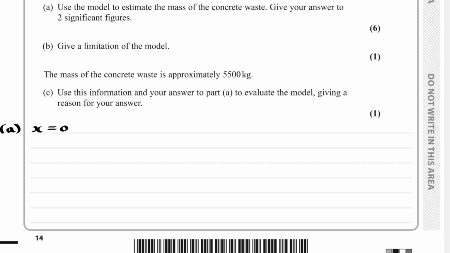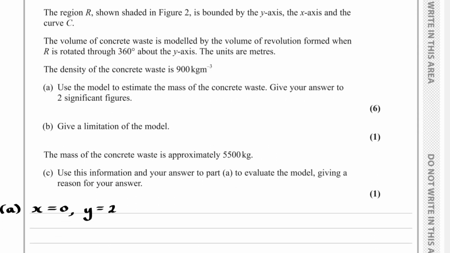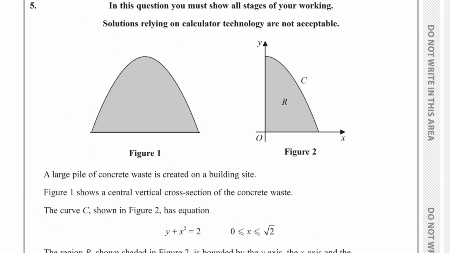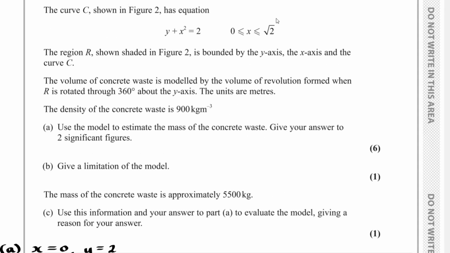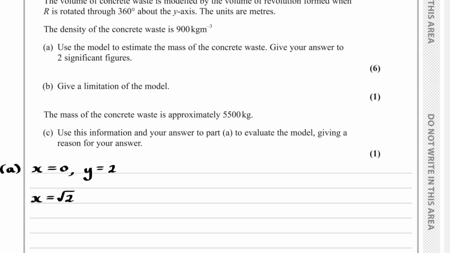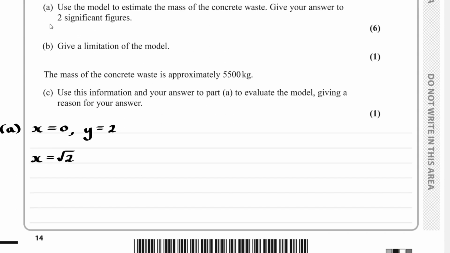we know that when x is equal to 0, we have y plus 0 squared equals 2, which means y is 2. And if I show this on the diagram, we've got the 2 over here. And if we consider x equaling root 2, we have y plus root 2 squared equals 2, in which case y is 0.